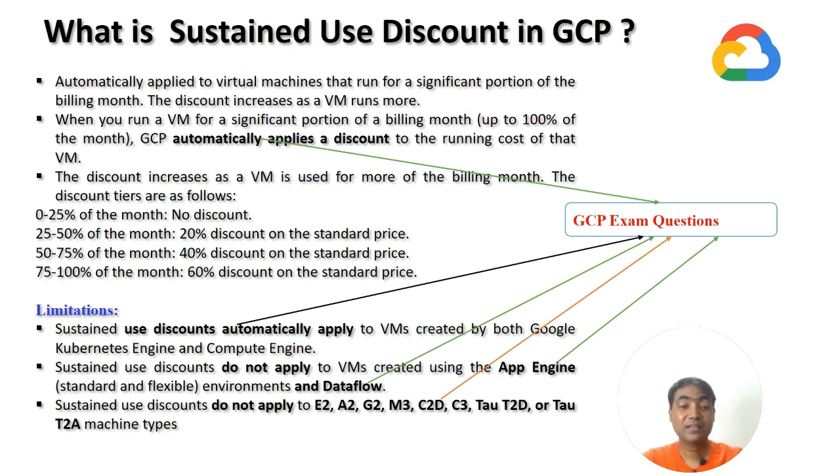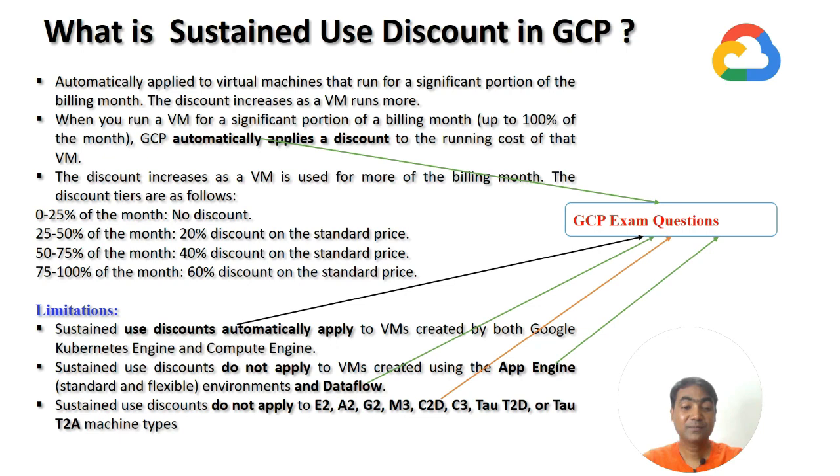This discount encourages users to use resources efficiently and helps optimize cost by rewarding consistent usage. It is important to note that if you delete a VM before the end of the month, you will still receive the discount for the time the VM was running. The discount is calculated on a per minute basis.